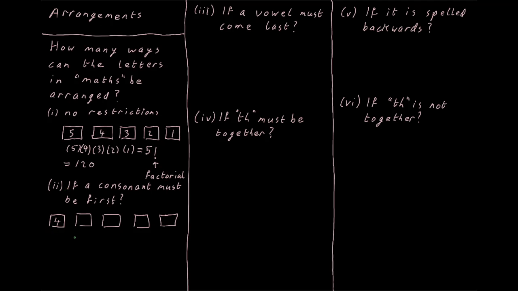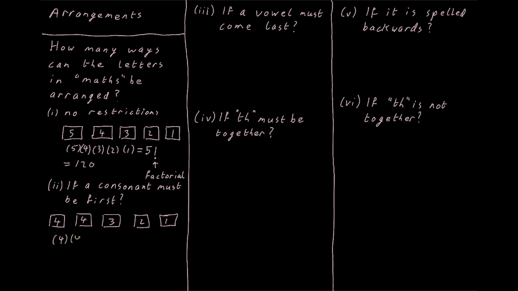But after that, we can do whatever we like. Whatever letters we've got left, we can put them down. So how many options do I have left for my second letter? Well, I still have 4 pieces of paper in my hand. I only used one of those letters when I put down my first letter. So I'd still have 4 options available to me, and then 3 left, and then 2 left, and then 1 left. So then I just multiply all of that together.